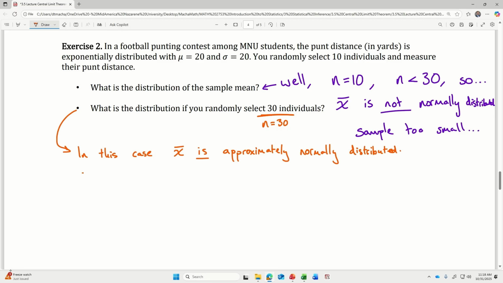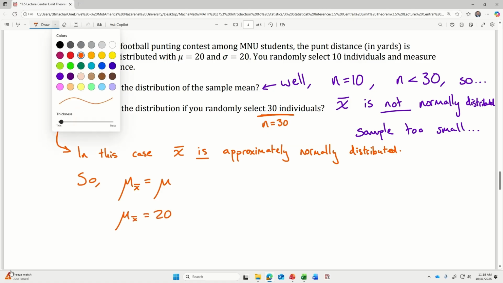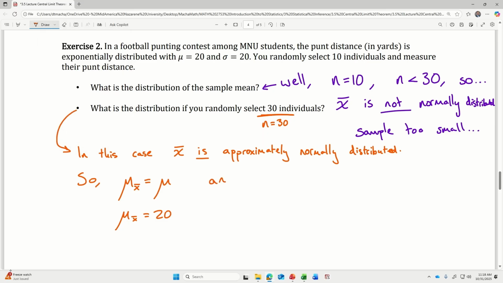So we say that the mean of the sample mean is going to be the mean of the underlying distribution, which is 20, and the standard deviation of the sample mean is the standard deviation of the underlying distribution divided by the square root of n, the sample size.